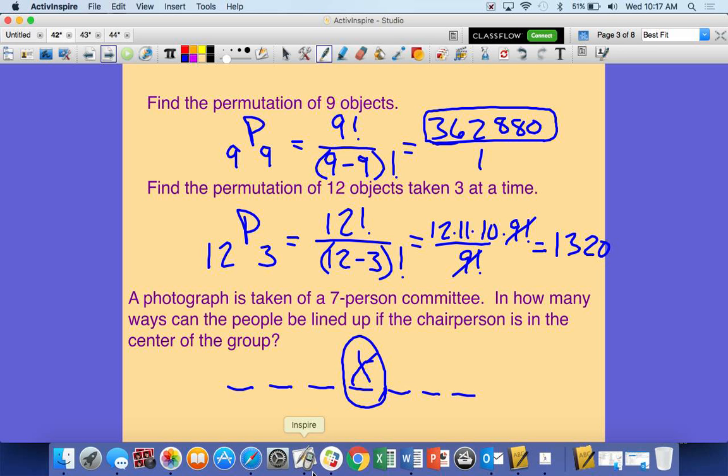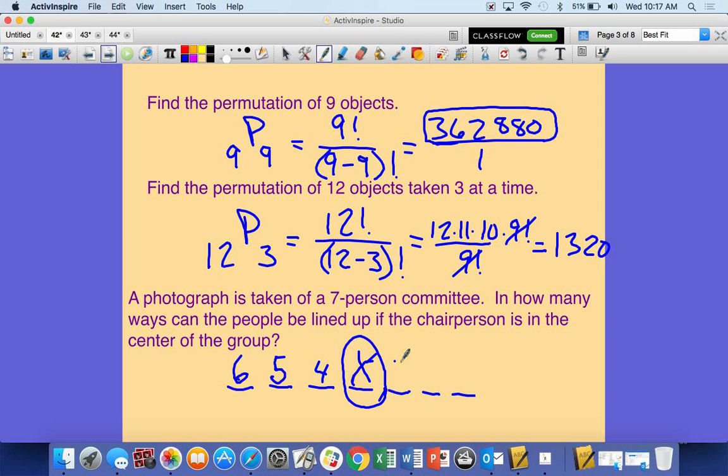Alright, well, let's think about this. There are 6 chairs left. There are 6 people that need to sit in those chairs. How many different people can sit in this first chair? That would be a 6. After this guy is in his place, we go to the next one. How many are left? That would be a 5. Left after that would be a 4.